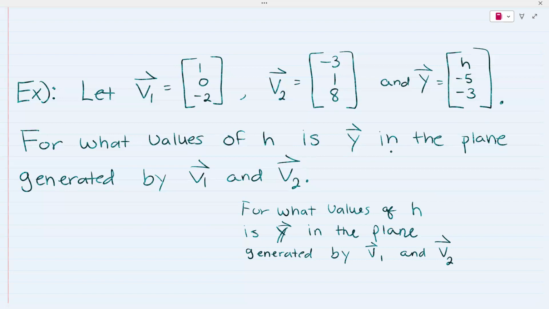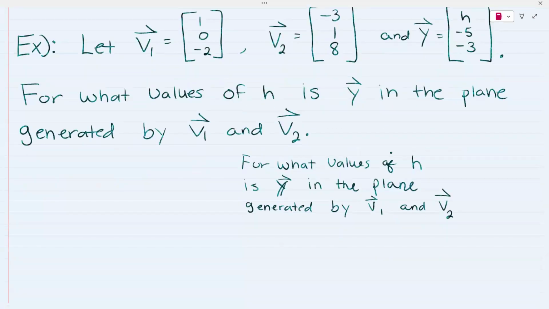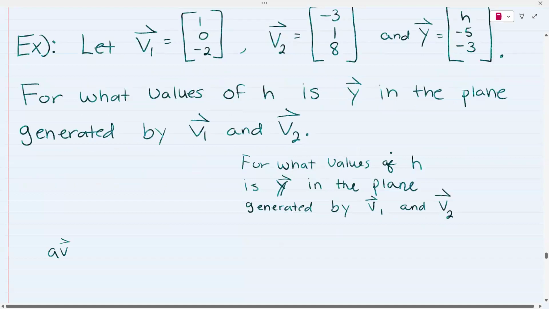So we've got to find h. That's what we're practically finding. We've got to find our linear combination a v1 plus b v2, and then that should give you vector y.